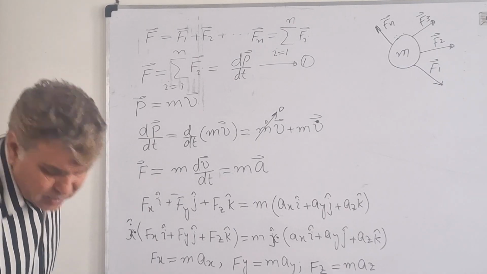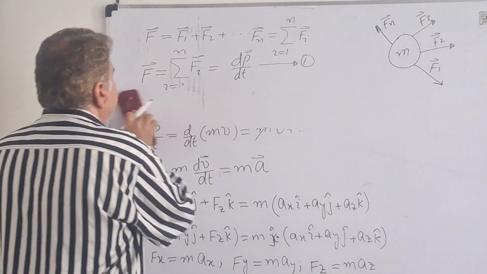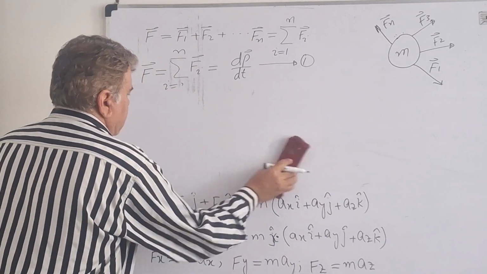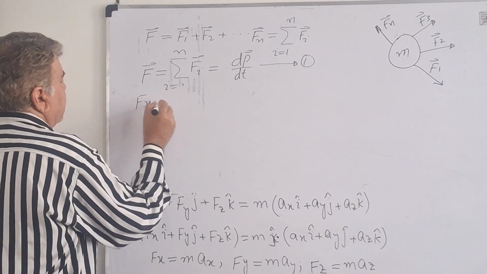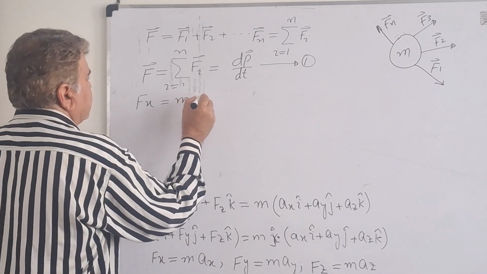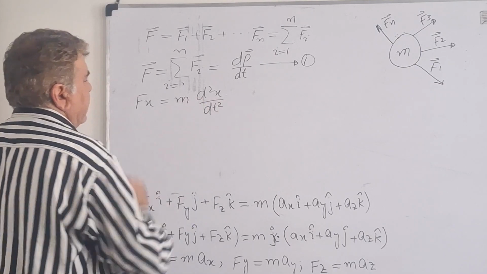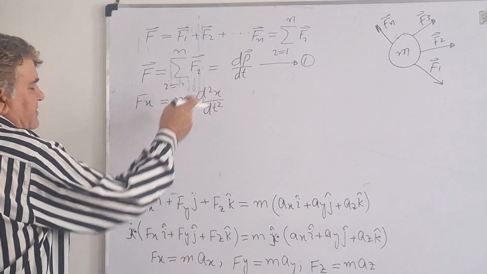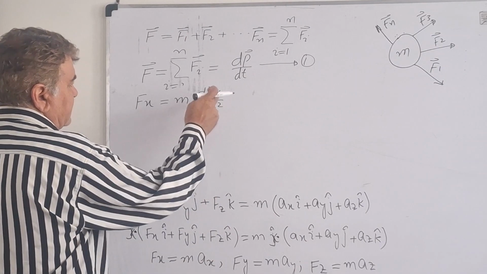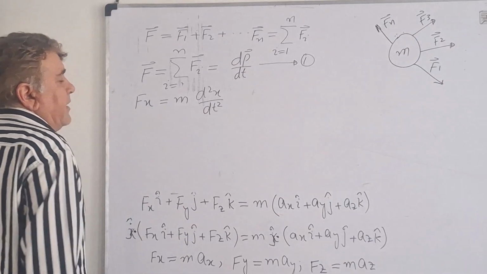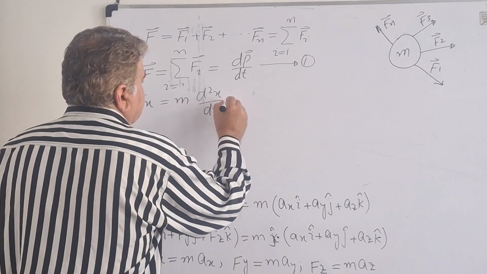And if I want to write this in differential form, I just remove these things and can write f sub x in the form m times d squared x over dt squared, because acceleration is the second derivative of position, therefore the acceleration along the x-axis is the second derivative of the x coordinate. And similarly, I'll be able to write the second one.